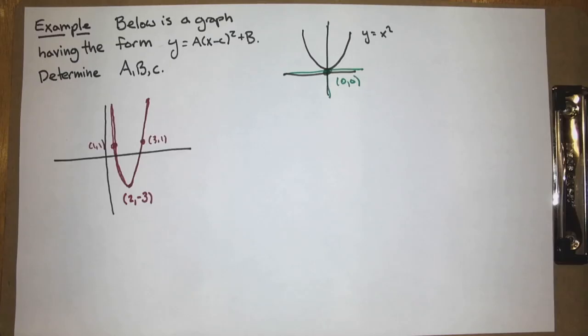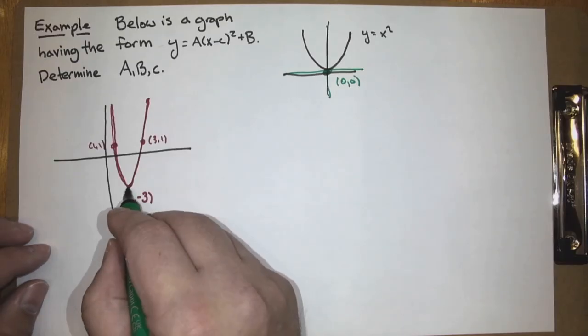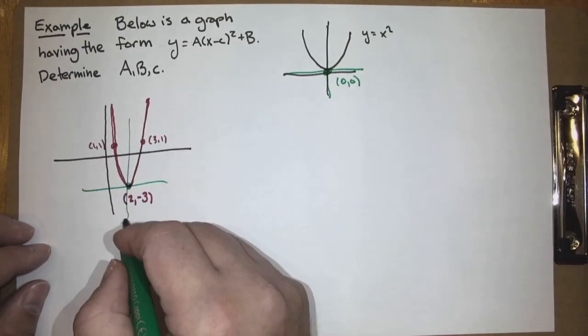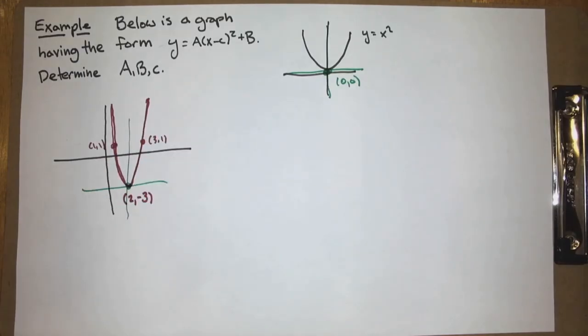Where did it go? Well, it went down to where it's been marked. So it's like you've moved things. So the question, how much did we move? How much did we move in the horizontal direction? 2. And it's a positive 2.